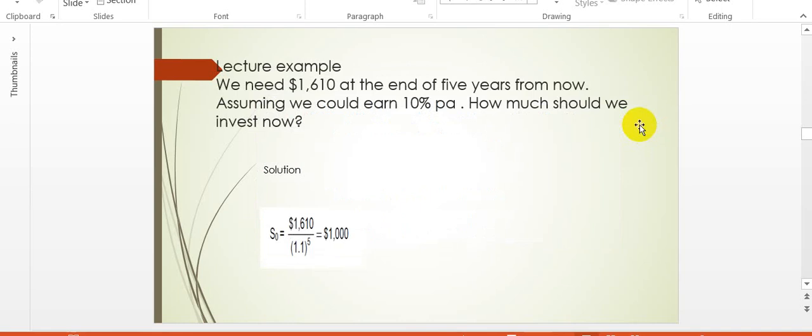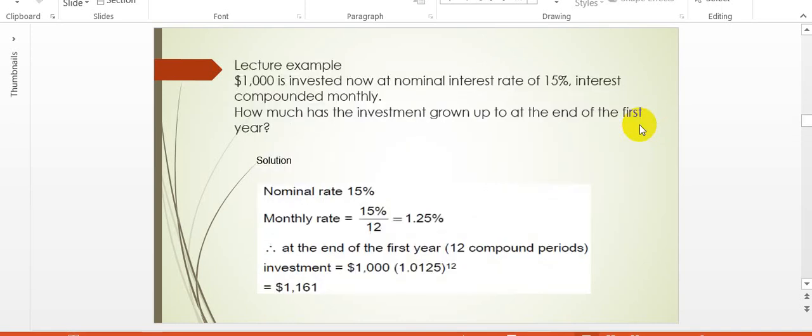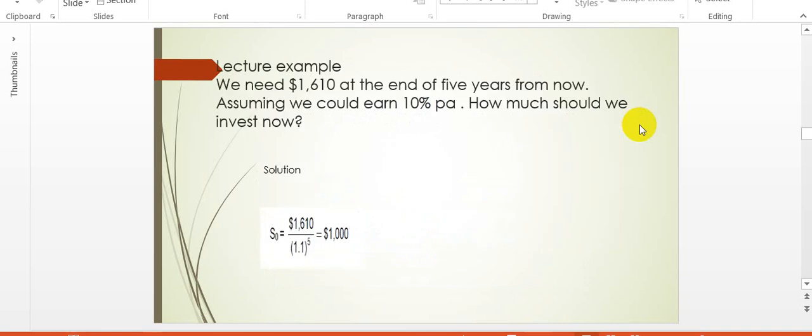We illustrate that in a question. We need 1,610 at the end of 5 years from now. Assuming we could earn 10% per annum, how much should we invest now? So we invest an amount now, and this amount 5 years from now at 10% should give us 1,610.